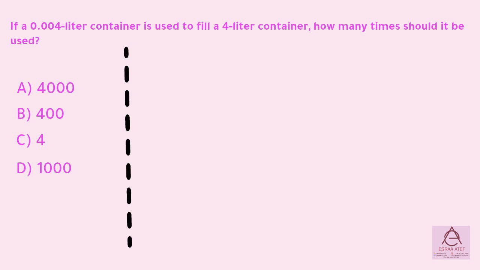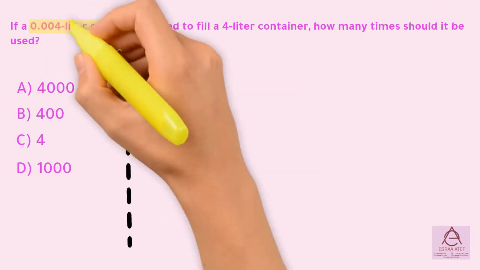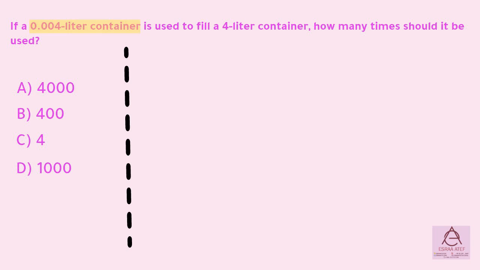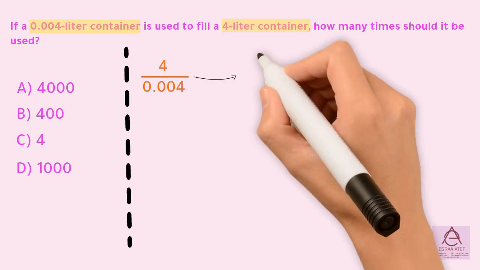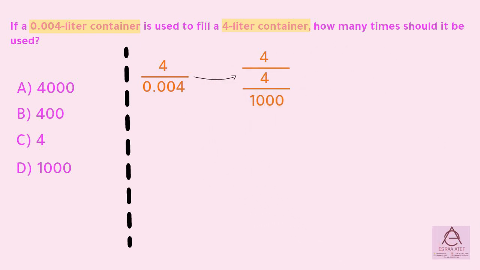Here we have a 0.004 liter container, and the main container which we need to fill is a 4-liter container. So I will divide the bigger container over the smaller container to get how many small containers we can put in it. So we will say that 4 over 0.004 equals 0.004. We can break it down into 4 over 4 over 1000.